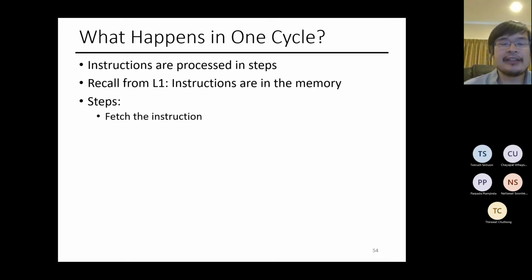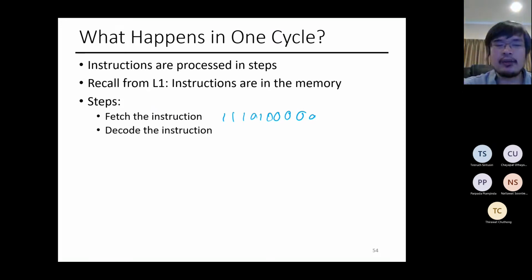Then after I fetch, I just got random bits like 1, 1, 1, 0, 0, 1, 1. I don't know what that means yet. The next thing is I need to decode the instruction. Now those ones and 0s turn into, for example, add 0, 1, and 2.